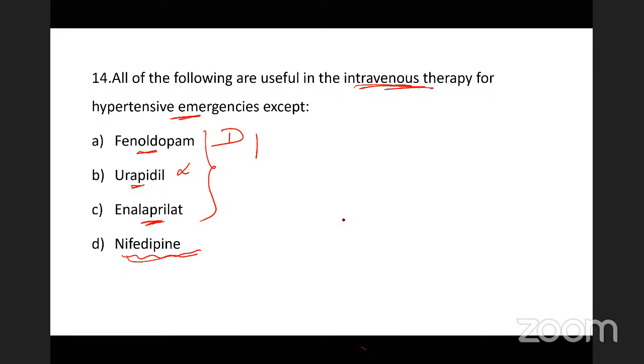So it is contraindicated and should be avoided. If at all you want to give it, you can give it sublingually, or a sustained release formulation. So the answer is nifedipine.